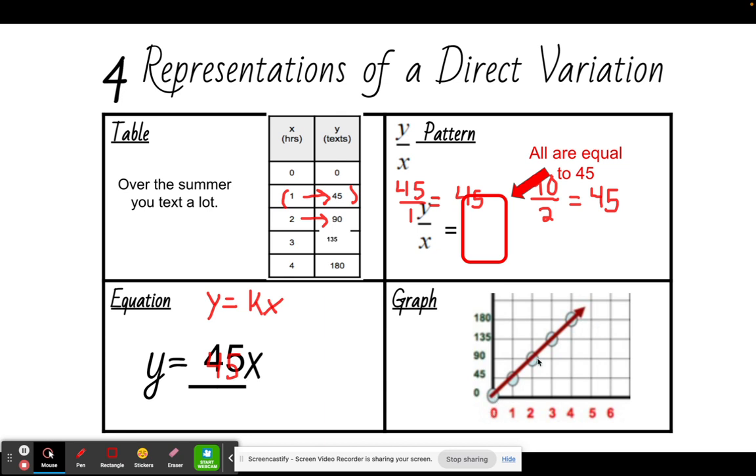It would be a straight line: 1, 45; 2, 90; 3, 135; 4, 180. But it will go through 0, 0, and that's important. If you have a direct variation, a linear equation that is a direct variation, it will always go through 0, 0, which means it's starting at 0. That's why we have the plus 0 or nothing here.